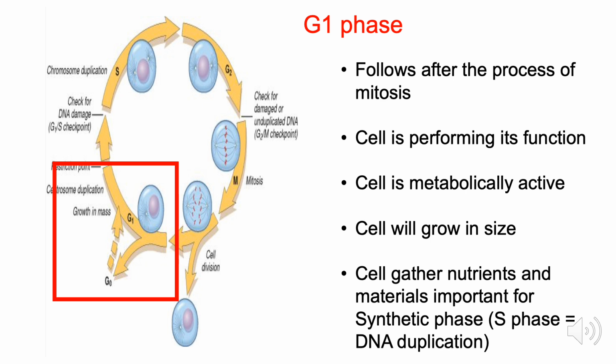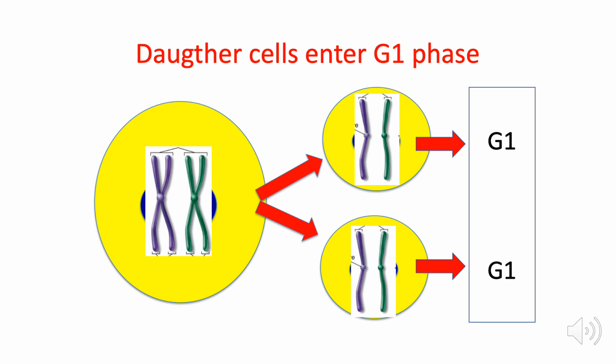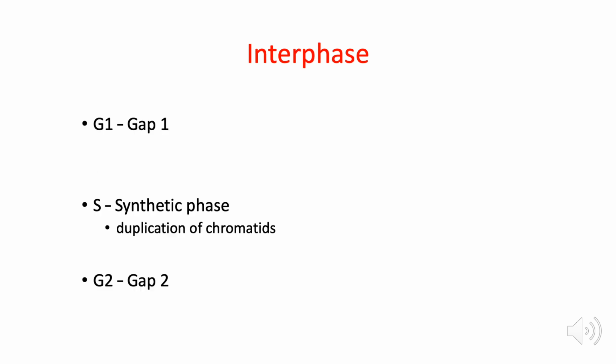The cell on the left side of the screen is the mother cell. If that mother cell will undergo mitosis, it will produce 2 daughter cells, and these 2 daughter cells will enter now the G1 phase of the interphase. Expect that in the G1 phase, all of the chromosomes should be unpaired.